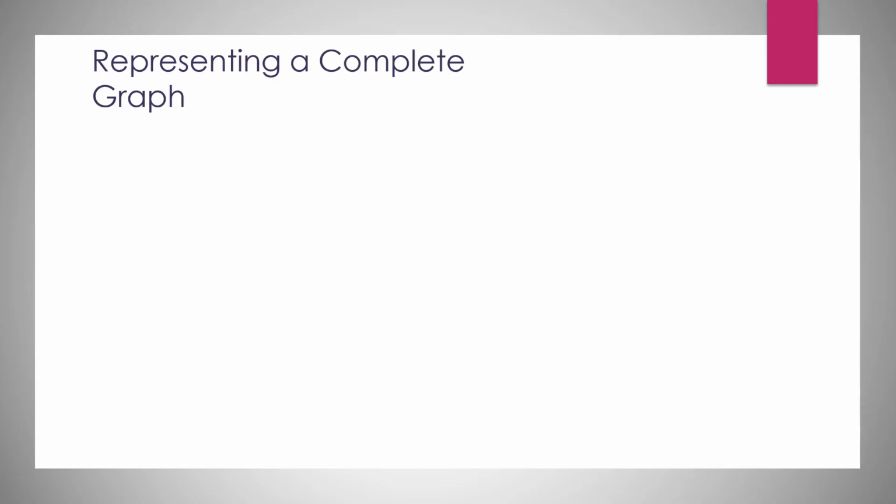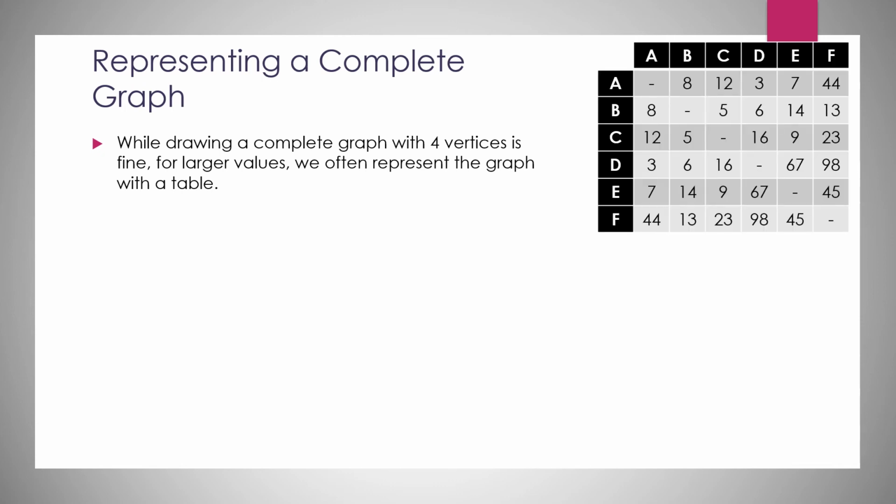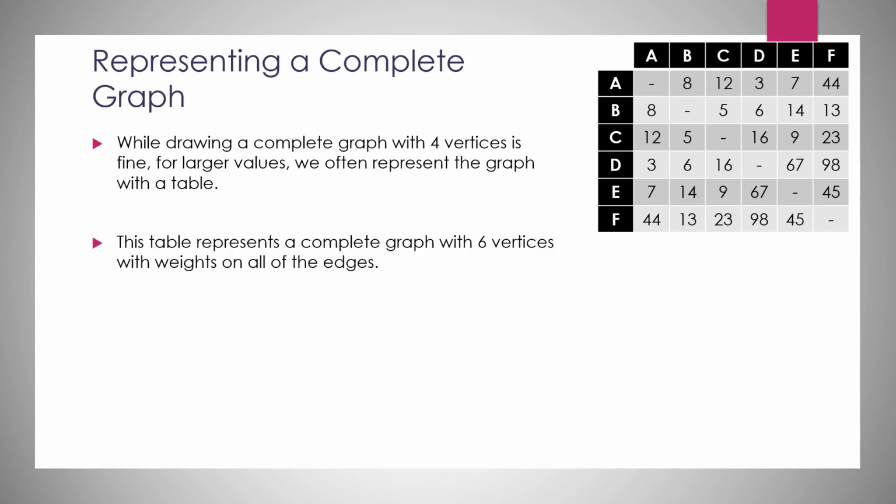You might notice that there are a lot of edges in a complete graph, like a lot. When we want to draw a complete graph with 4 vertices, that's fine. 6 is doable, but oftentimes when it's even remotely large, we're just going to represent the graph with a table. A table looks like this, by the way. It's relatively straightforward, but it might be a little bit weird if you've never seen something like this before.